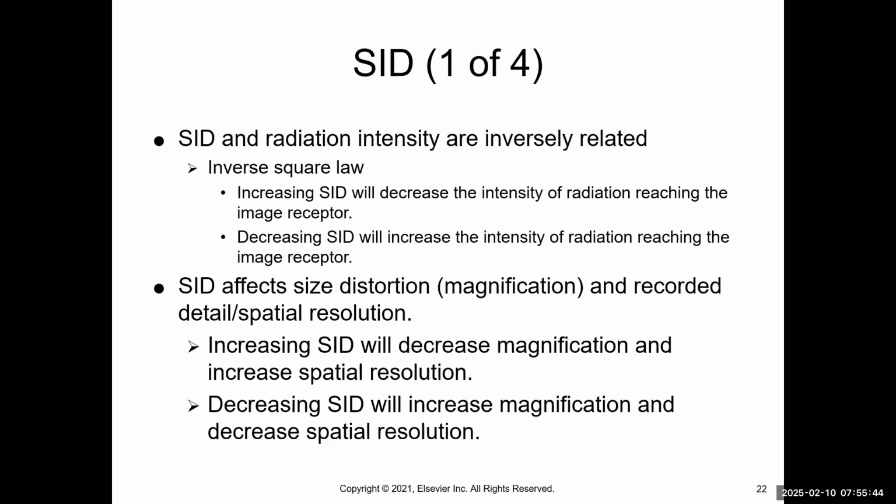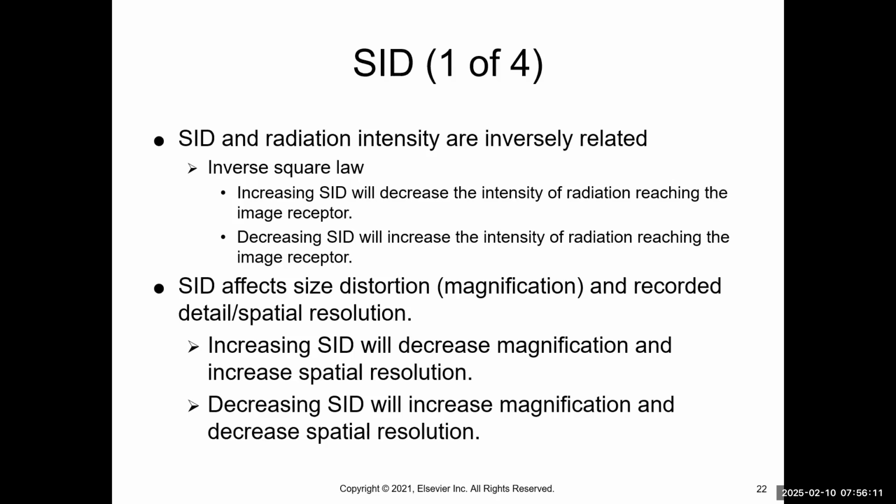SID. Okay, so now we're talking about inverse square law, exposure maintenance formula. So SID and radiation intensity are inversely related. Okay, so earlier we said that of the 4, if we increase mA, time, or kVp, it does what to receptor exposure?